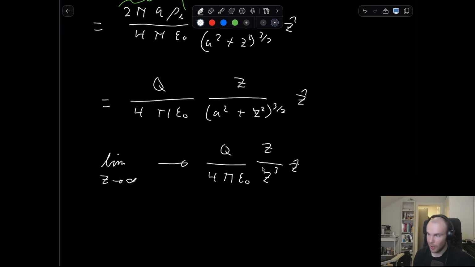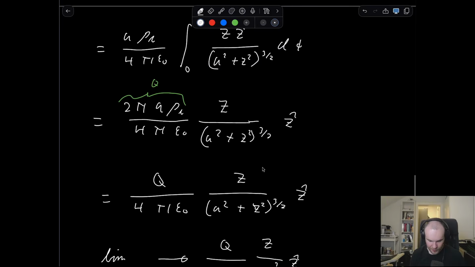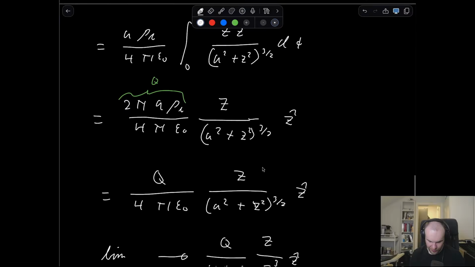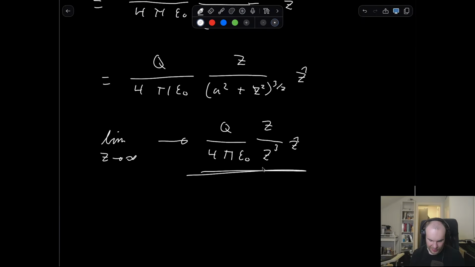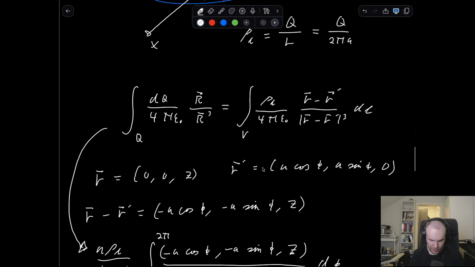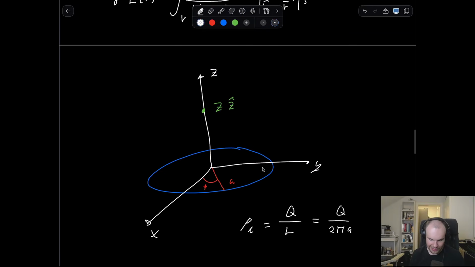If I moved as high as possible over that ring, I would view that ring as just one point charge. And this is exactly that. Perfect. If you're a bit clever, you can realize that this is just brute force. You could have done this much more cleanly. Why?